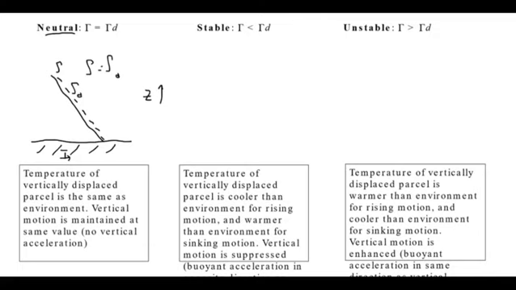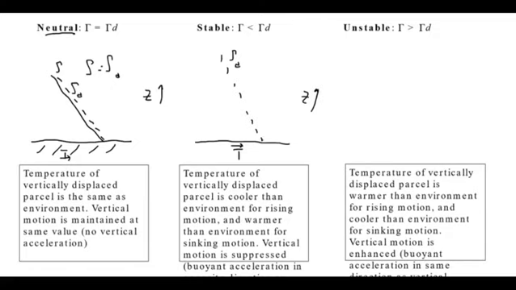Okay, stable: you can do the same diagram here, temperature increasing to the right, and height increasing vertically. Let's draw our gamma D. In the stable atmosphere, gamma is less than gamma D, which means that the rate of cooling with height is less than the dry adiabatic lapse rate of cooling.